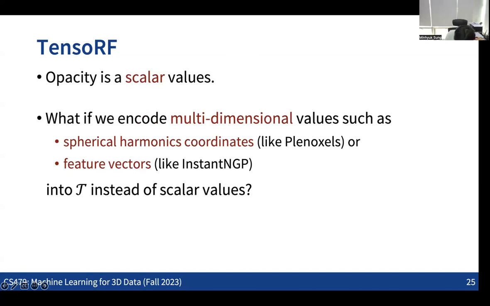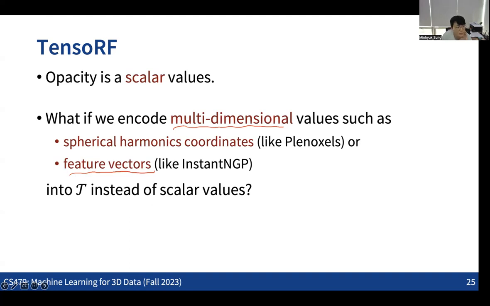The multi-dimensional information can be either the spherical harmonic coefficients that we are using in the Plenoxels idea, or some kind of feature vectors, latent vectors that will be fed into the MLP. So those are cases where we also need to encode some kind of multi-dimensional features, some kind of vectors, for each of the corner points.